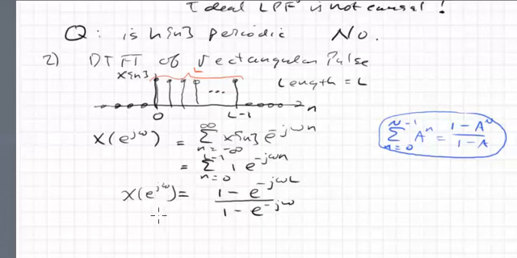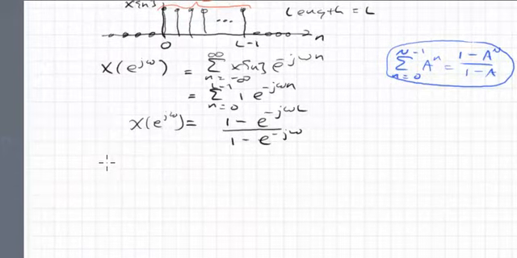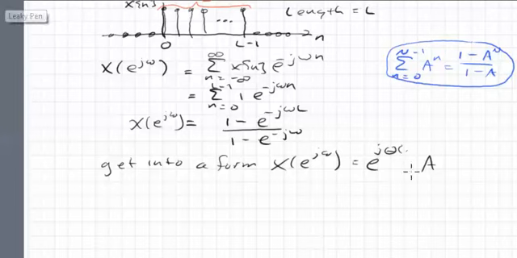We want to get this into a form that looks like this: some e to the j theta of omega, times A of omega.